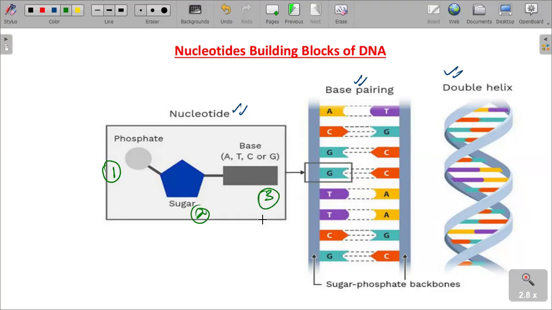I can say structure A is the one that is forming structure B, and structure B is equal to structure C. A forms B, and B is the same as C. B and C are the same thing.